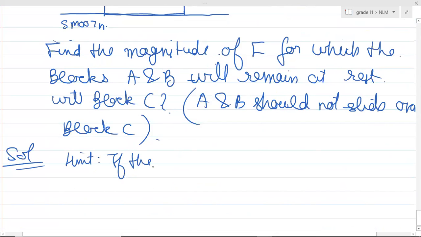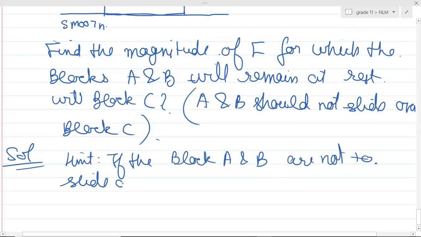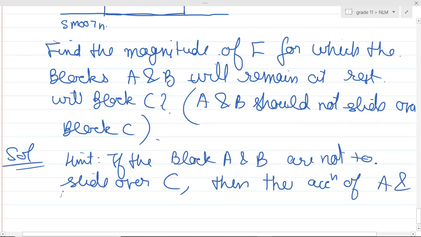If the blocks A and B are not to slide over C, then the acceleration of A and B and C should be the same.